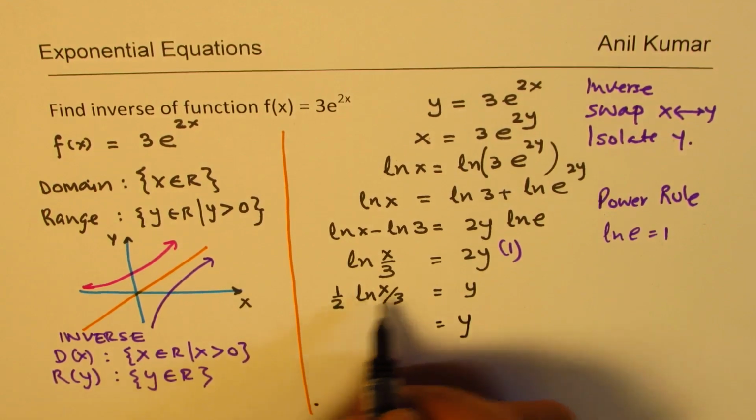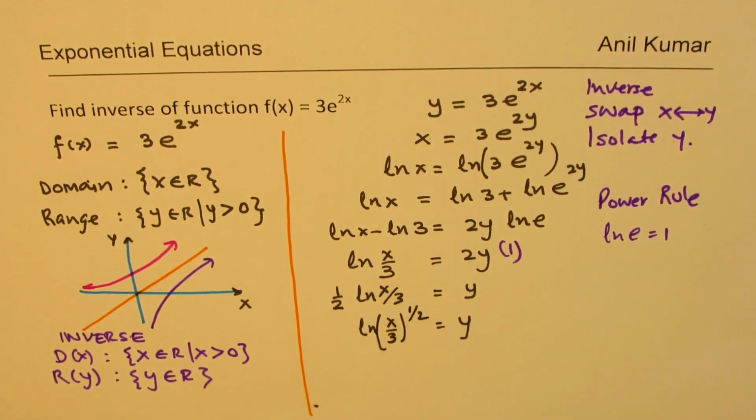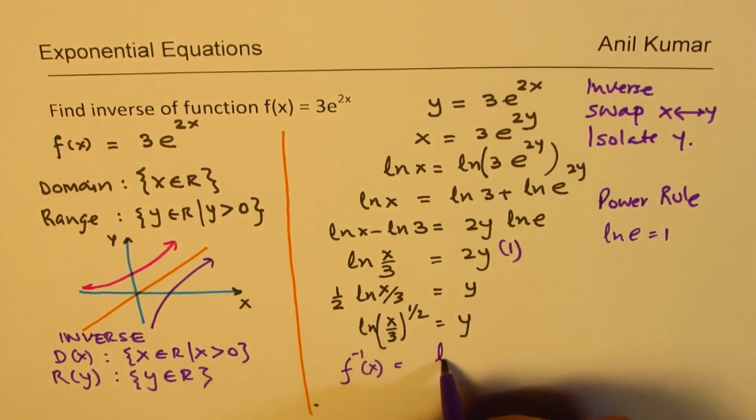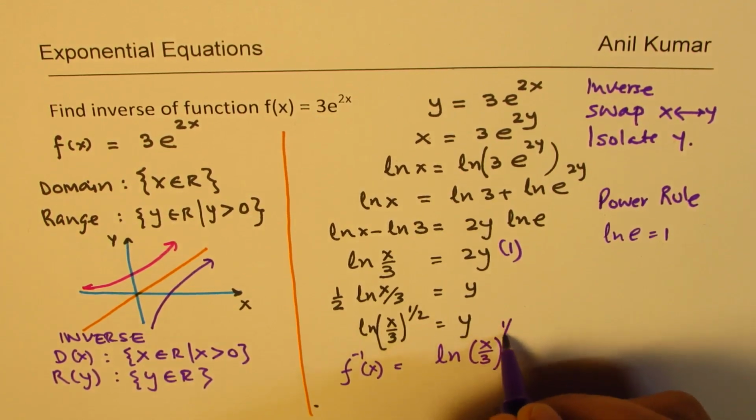Well, half of it means ln of x over 3 to the power of half. That becomes y. So we can clearly write the inverse of this function as ln of x over 3 to the power of half.